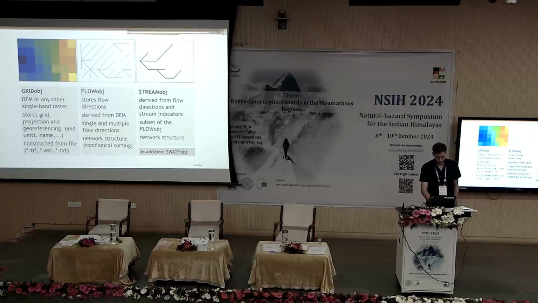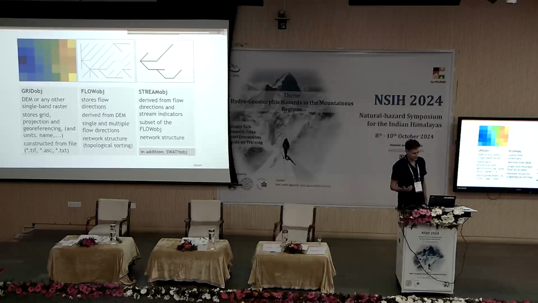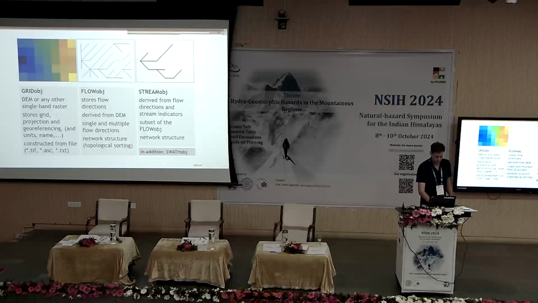Okay, so based on this grid object, you can create a flow object. A flow object is the basis for a lot of topographic derivatives that somehow quantify fluxes of sediment, water, but that also allow you to delineate catchments. All that is required, or what you need for that, is flow directions, and these are stored in a flow object.